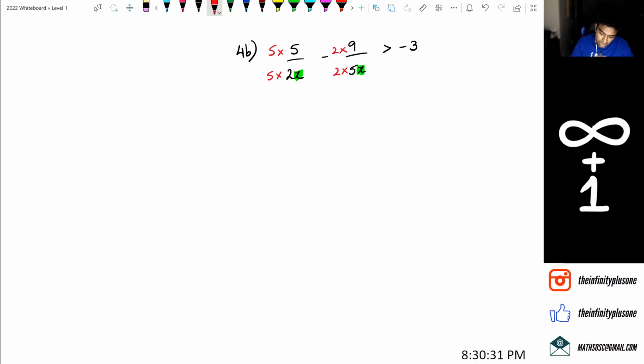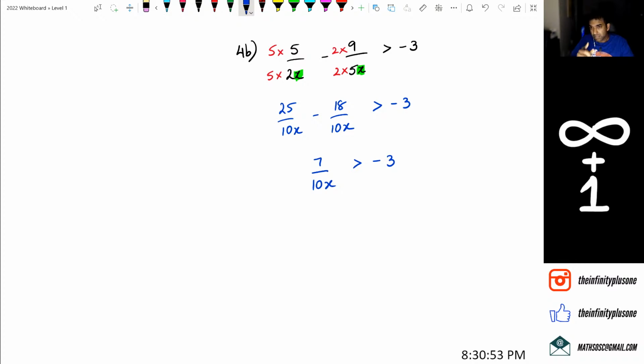Once I do that, I'm going to get 25 over 10x minus 18 over 10x is greater than minus 3. At this point, I'm going to combine the fractions. So I'm going to get 7 over 10x is greater than minus 3.